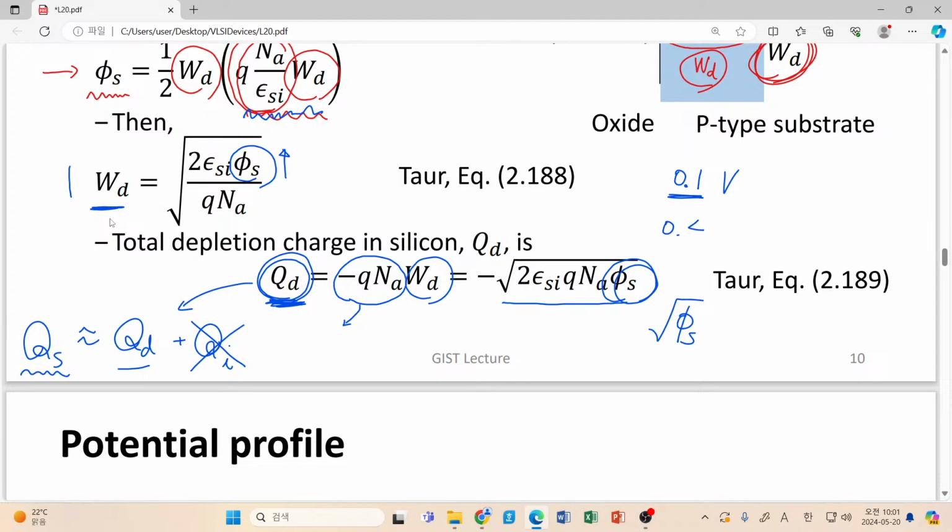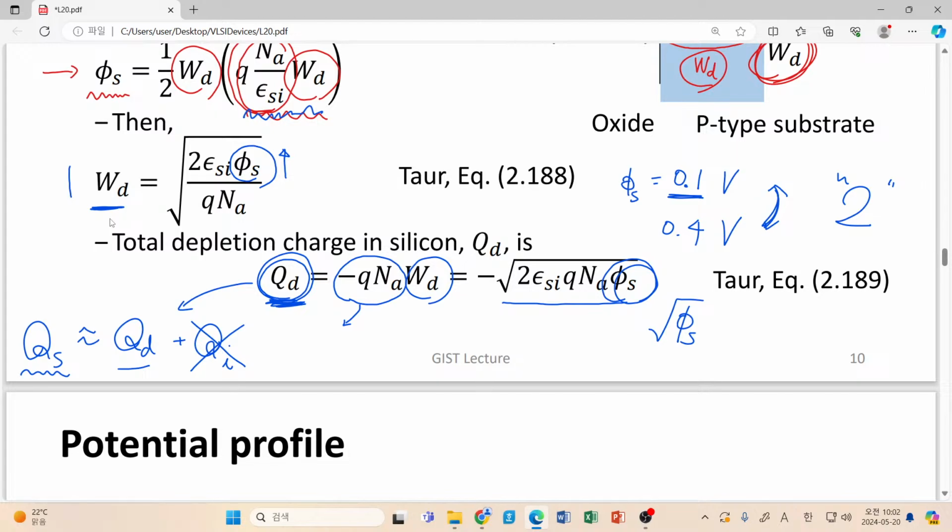Now you go to 0.4 volt, then how much charge will be induced by this depletion approximation? You will have just 2 times more depletion charge when surface potential changes from 0.1 to 0.4. 4 times larger surface bending corresponds to just 2 times larger amount of depletion charge.